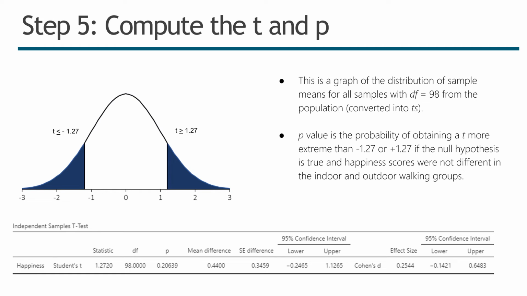And that area there, or the probability of finding a score in one of those areas, is 0.206. So the probability of obtaining a t more extreme than 1.27 or negative 1.27 is 0.206, if in fact the null hypothesis is true and there's no difference between the indoor and outdoor walking groups in happiness levels, and also assuming there are no methodological flaws in this study.